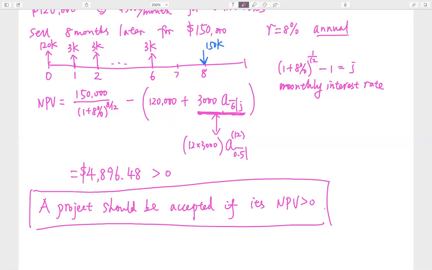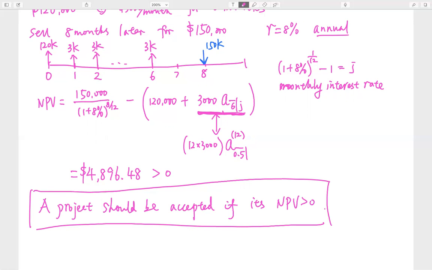This is a very simple rule, but it goes a long way, right? So NPV greater than 0 means you make money, right? So there is a positive profit because NPV is what you get minus what you pay. If NPV is positive, meaning what you receive is more than what you pay, it should be accepted.